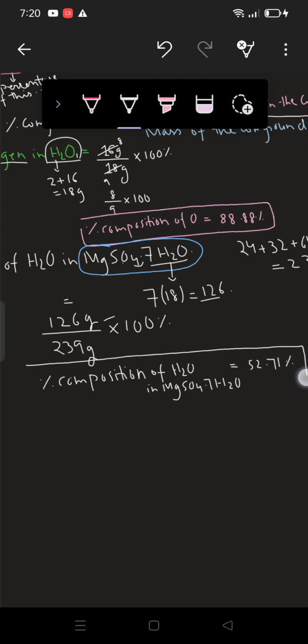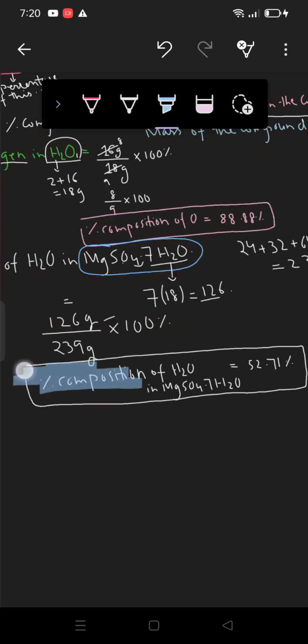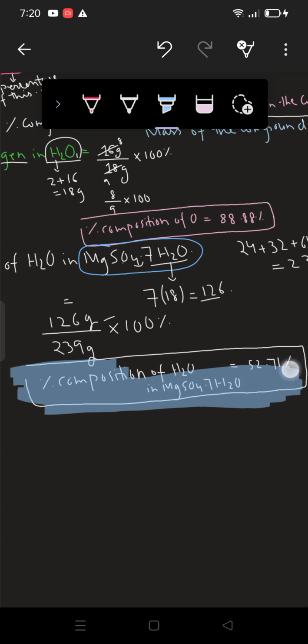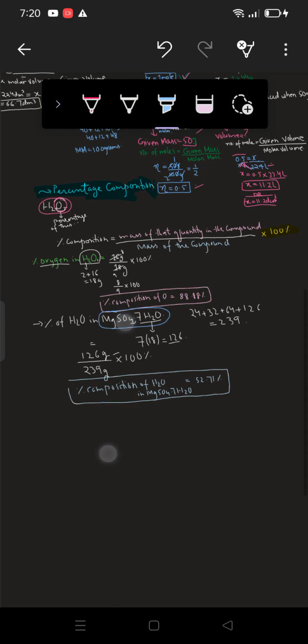If 52.71 percent of water is present in the magnesium sulfate with 7 molecules of water, then the rest of the amount would be magnesium sulfate in the substance, right? So here we have got the percentage composition of the 7 molecules of water in magnesium sulfate, and that is equal to 52.71%, right?